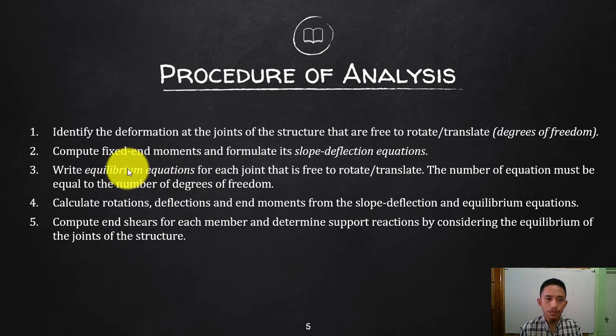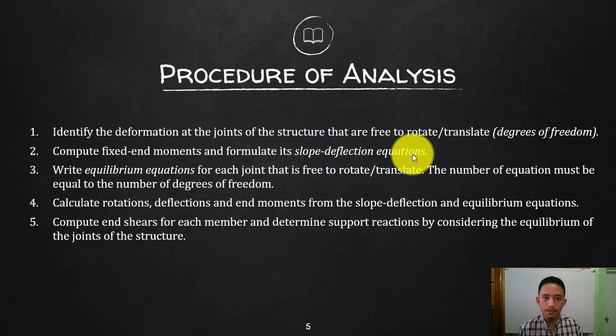Now, using these equilibrium equations, algebra, we can calculate whatever our variables are. Our variables again are in your slope deflection. So for you not to be confused with these equations, the slope deflection equations we will use to formulate your equilibrium equations. Then these equilibrium equations will be our key equations to solve for the variables which we found in the slope deflection, which are rotations and translations.